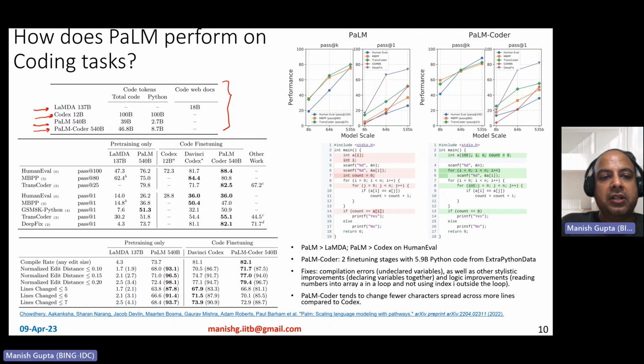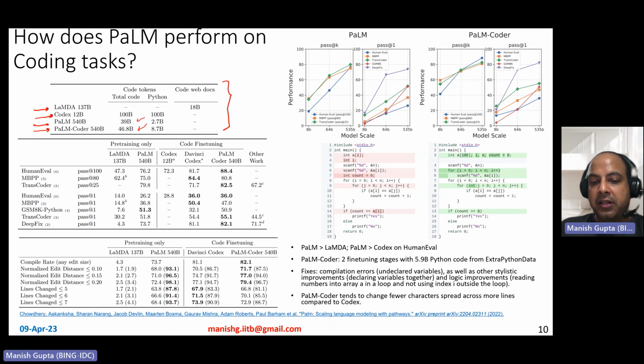As you see, the total code tokens used to train the Codex model is 100 billion, of which approximately everything is Python. The PaLM model has 39 billion code tokens, and the PaLM Coder model is specifically trained on 46.8 billion tokens.